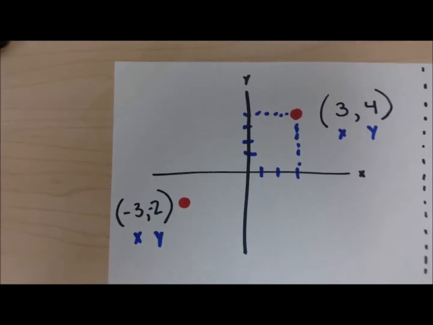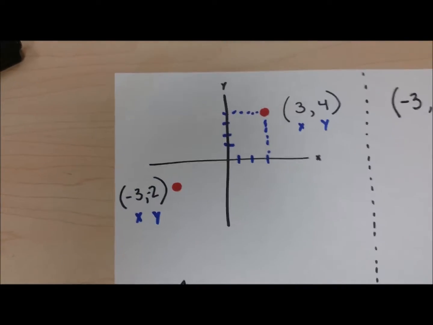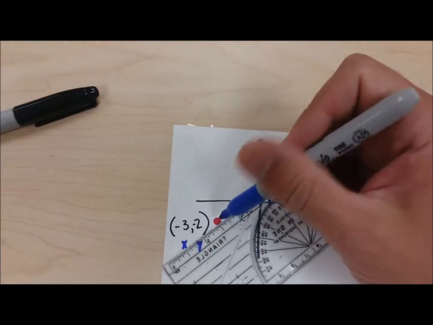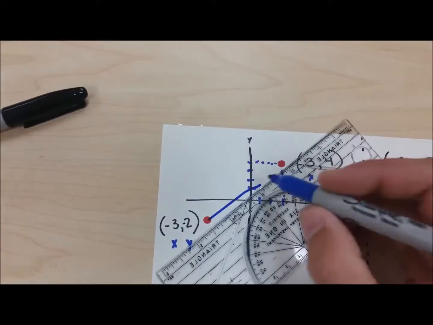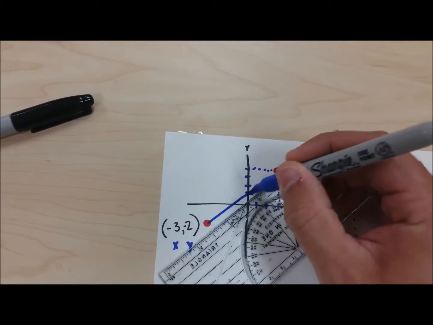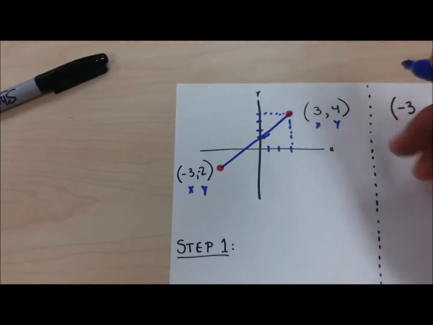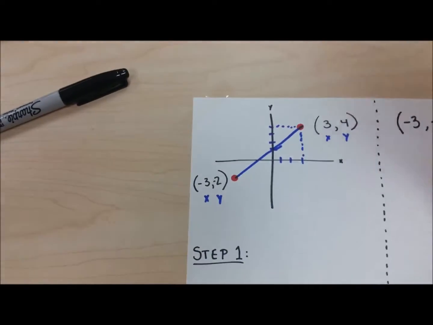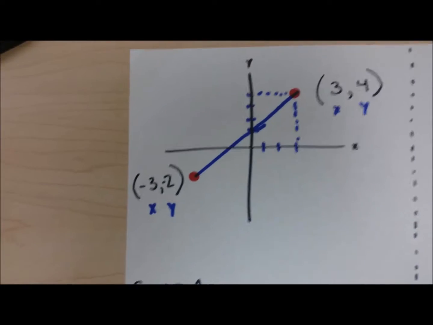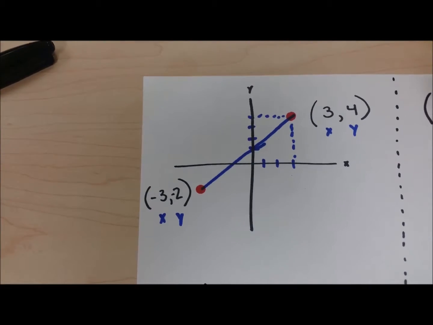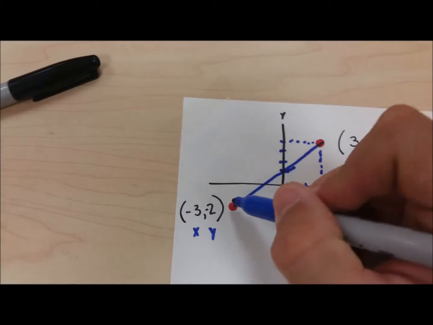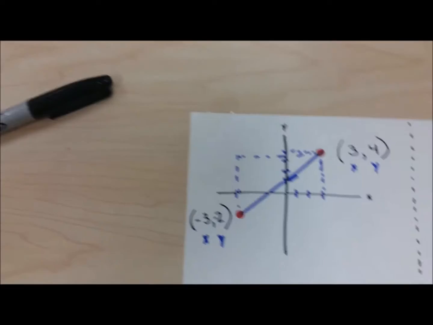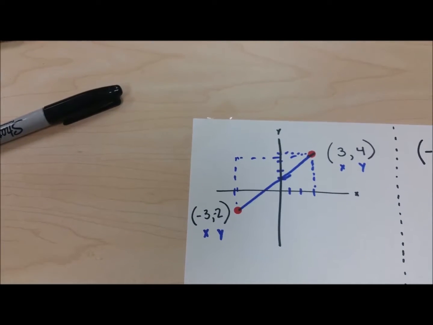Okay, so what we're going to do is find what it would be if we put a ruler down here and drew a line between these 2 points. Okay, so we have a line here, and remember slope is actually just the steepness of a line. So just remember that we're talking about how far up and how far over we go to reach each point on this linear equation.